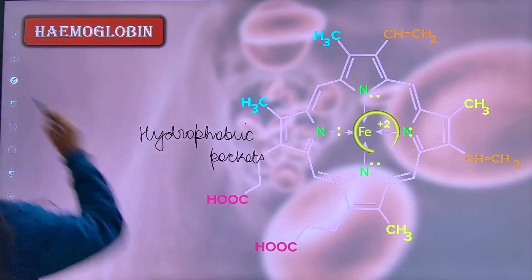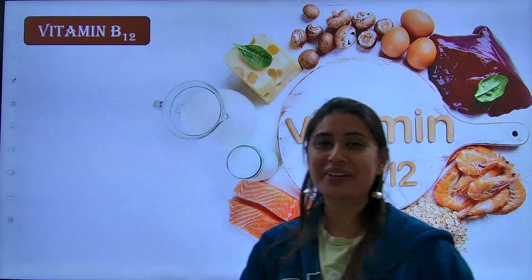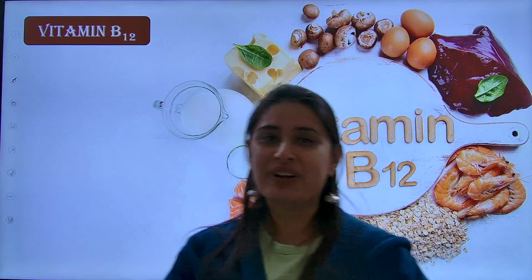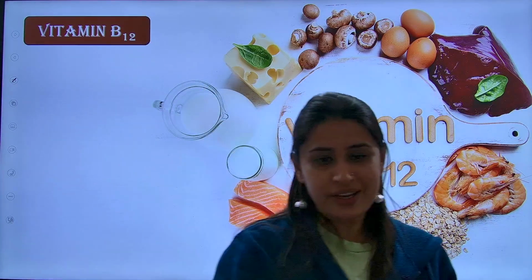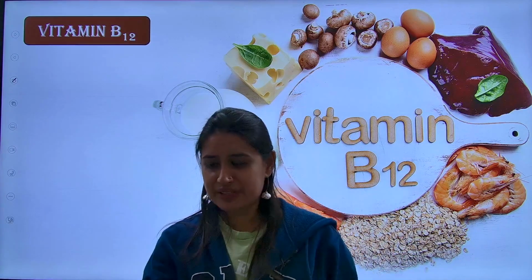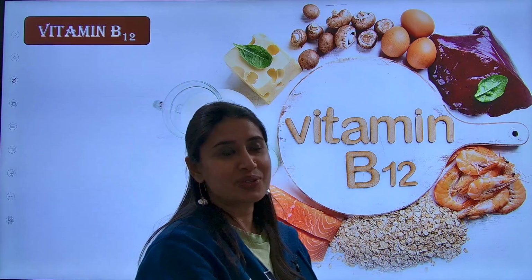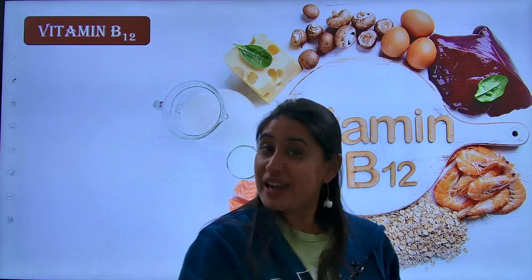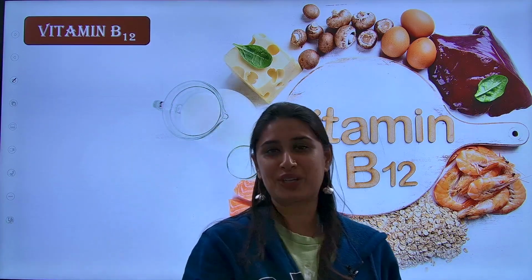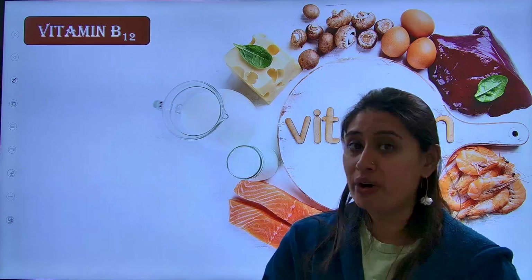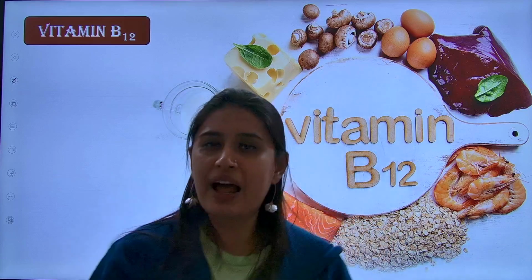All right, next, vitamin B12. A particular vitamin which most of us who are vegetarian will have a deficiency of. I do have a vitamin B12 deficiency, and I detected it during my online classes, when I used to get some mental fogging. Mental fogging is a great indicator of vitamin B12 deficiency. Another important indicator is a lot of joint pain.